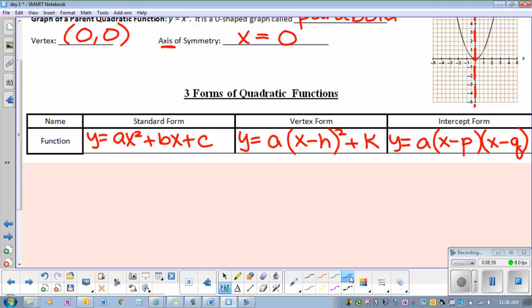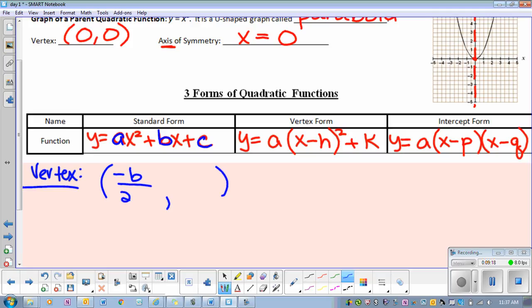All right, so I promised you that we were going to try filling in and making our table of values by just plugging in values to find our vertex. Let's write down how we can find the vertex for each of these forms. The vertex is x comma y. Do you agree? So how do we find the x number if it's in standard form without the calculator? Well, it's in a, b, c, lined up there.